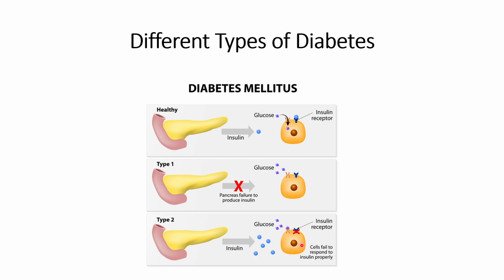What happens is that with time, the insulin receptor at the cells fails to respond properly to the insulin. And this happens because of an unhealthy lifestyle or continuously maintaining a high blood sugar level, so that the cells get saturated or used to that high blood sugar level, or the pancreas gets used to that high blood sugar level.